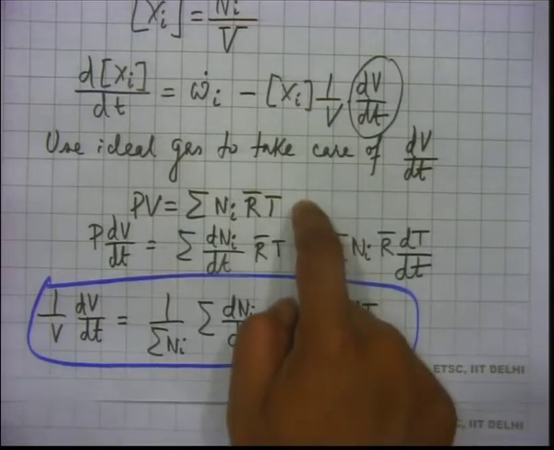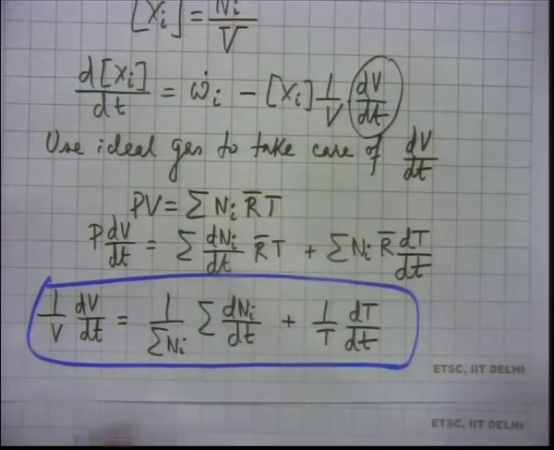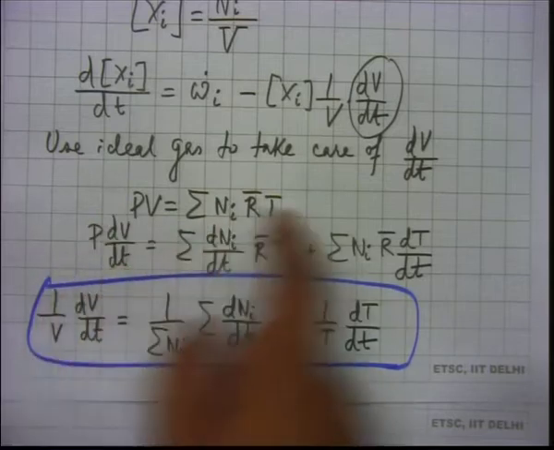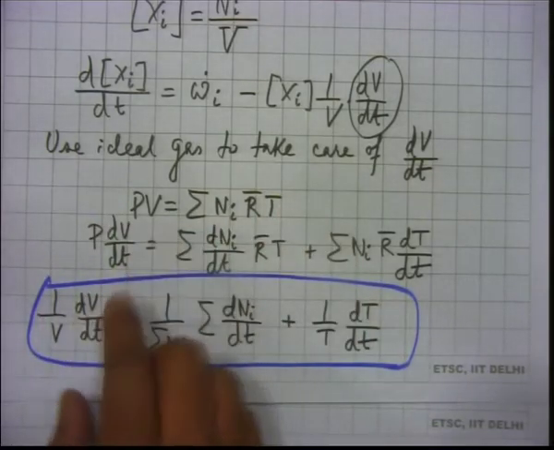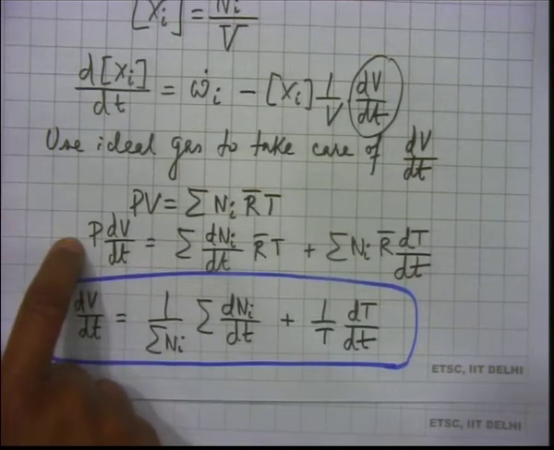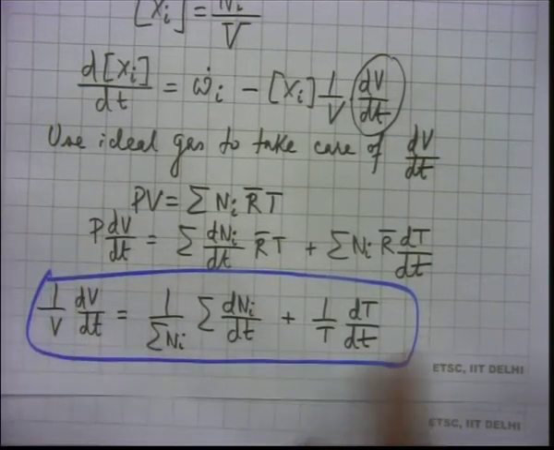So, this is ideal gas. Remember, you don't write just PV equal to nR bar T, you write sigma Ni because we know there are multiple species. Then I got P dV/dt from the same ideal gas, and then I divided the second one by the first one to get this.